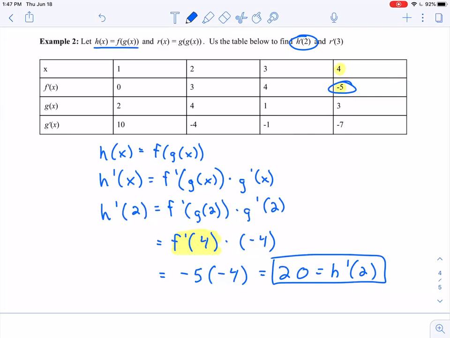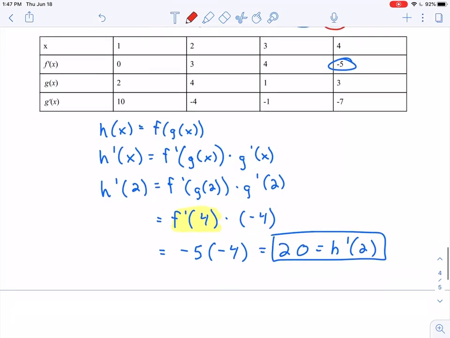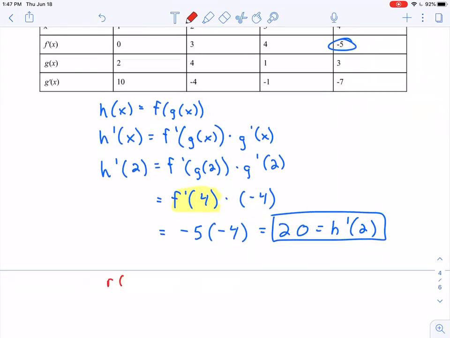I also want to work with r of x, so let's do that in a different color here. R of x, we said, was g of g of x. This looks a little bit funny because you have one function inside of another function. When I take the derivative, r prime of x, we can still use that general version of the chain rule.